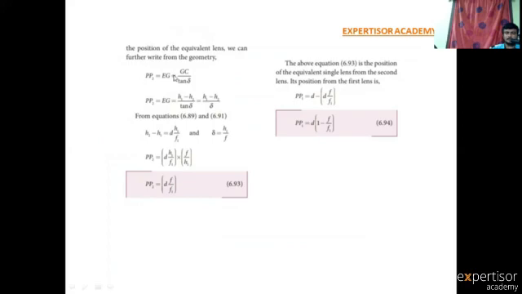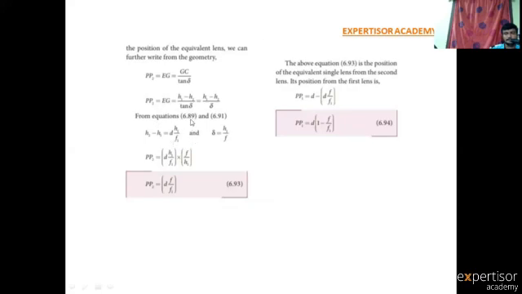All these relations are taken only for the combination of two lenses separated by a distance d. So here PP2 is equal to EG, that is equal to h1 minus h2 by tan delta, that is equal to h1 minus h2 by delta.